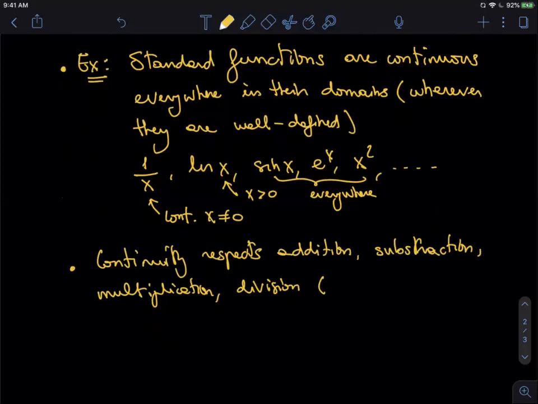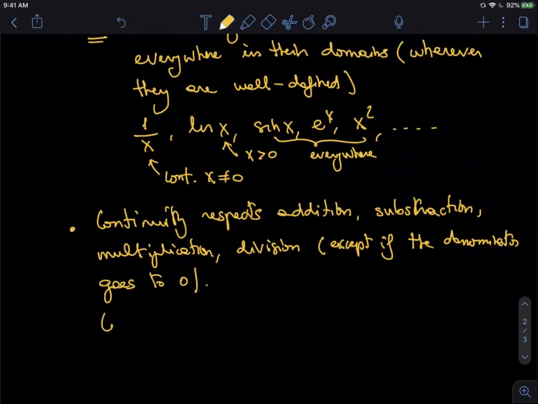The division is okay as long as the function we are dividing by doesn't become 0. So, exception, except if the denominator is 0 or goes to 0.